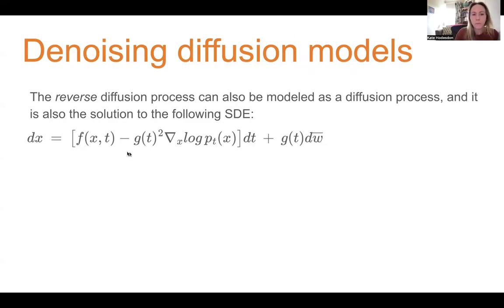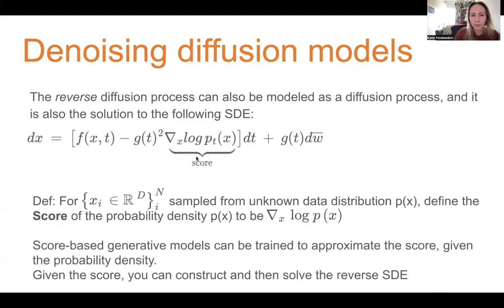Okay, so in this general form, we have this term here, which is called the score. And the score is the gradient of the log probability for the probability P t. So it turns out you can learn the score via a model parameterized with a neural network.